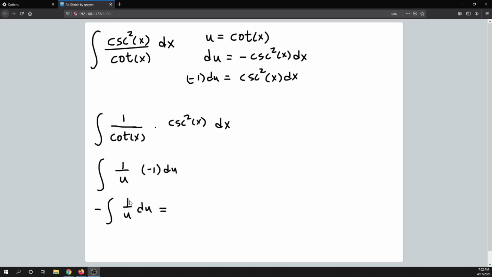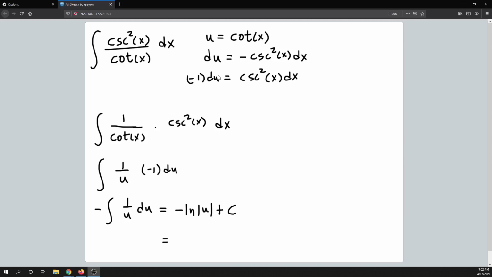All right, and then the integral of 1 over u is the natural log of the absolute value of u. Don't forget the absolute value, plus c. And that's just a basic integral fact, one of the basic derivative rules in reverse.